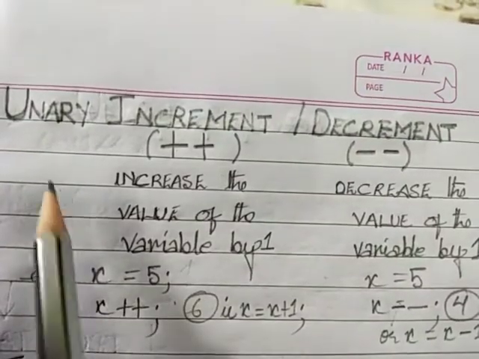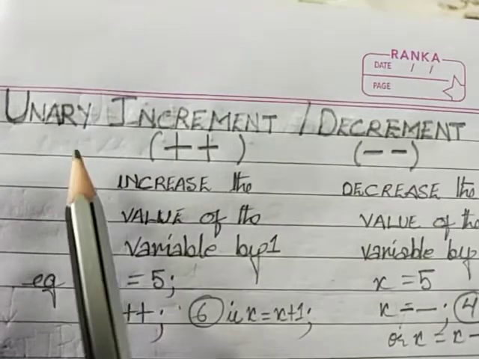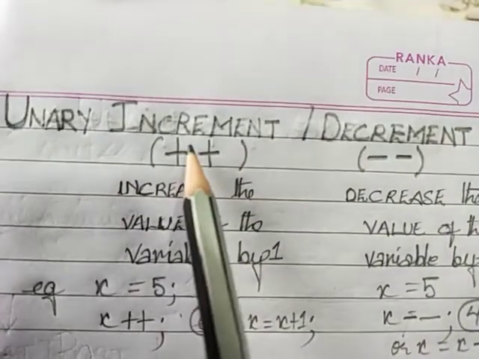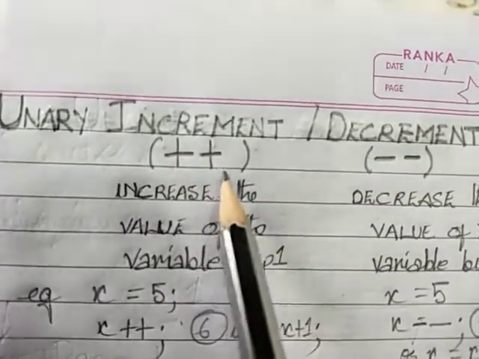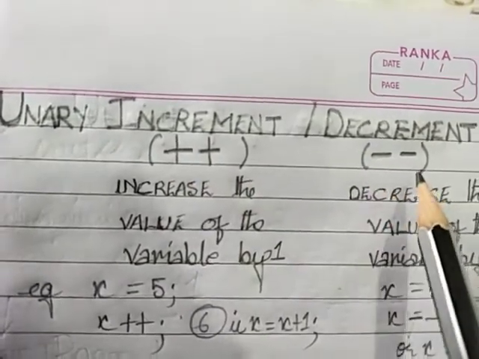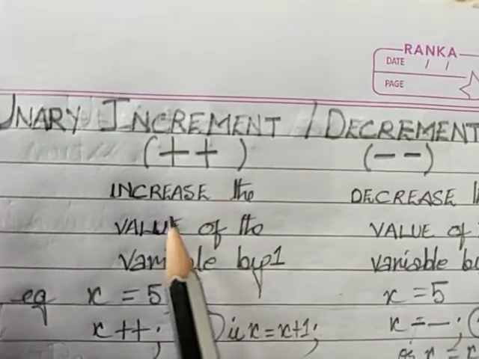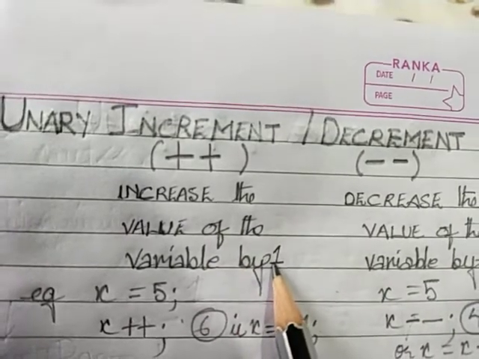Hello everyone, in today's class I'm going to explain unary increment and unary decrement, or the unary operators increment and decrement, that is ++ and --. Plus plus, or the increment operator, will increase the value of the variable by 1.